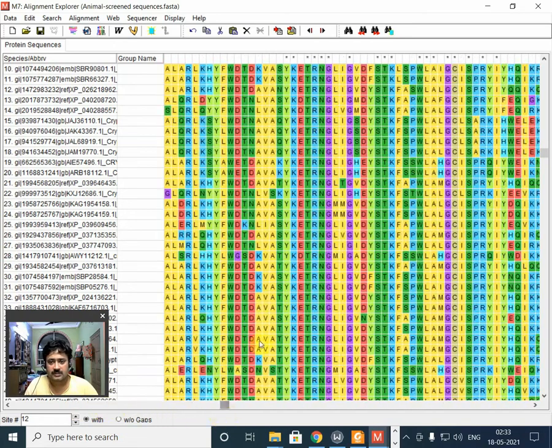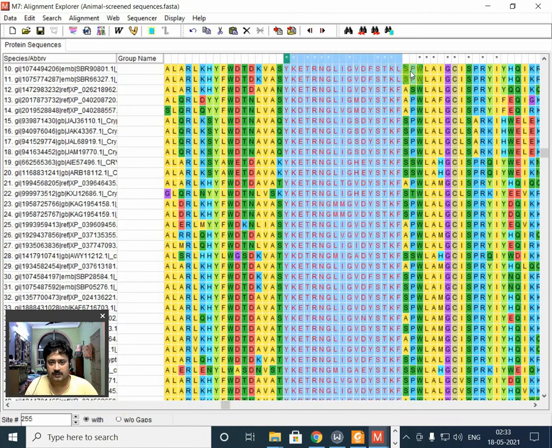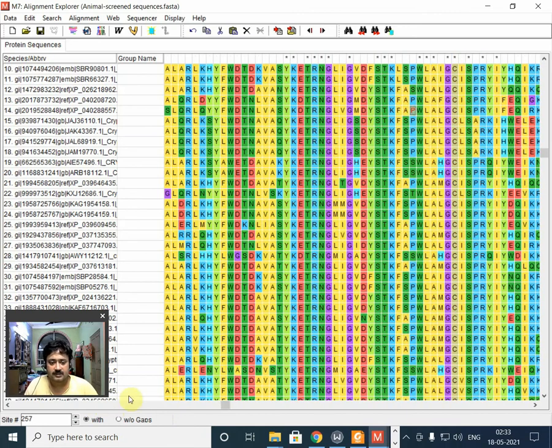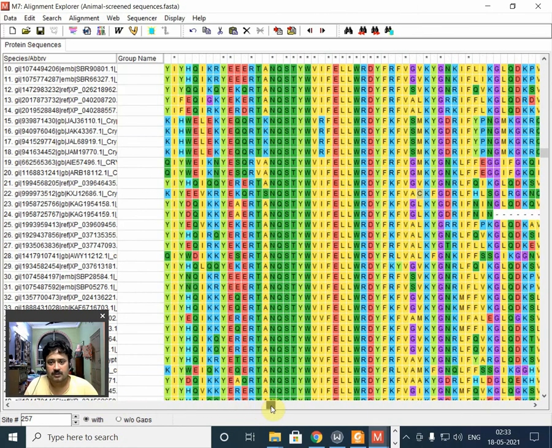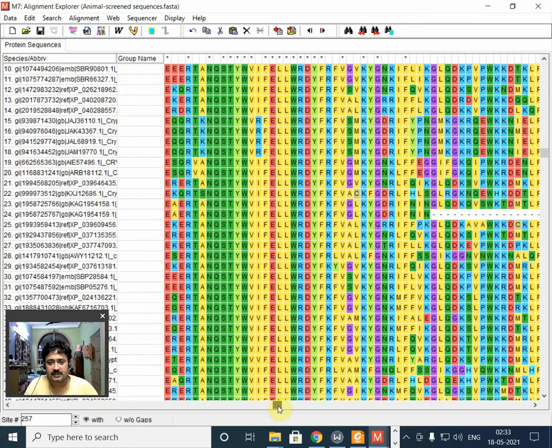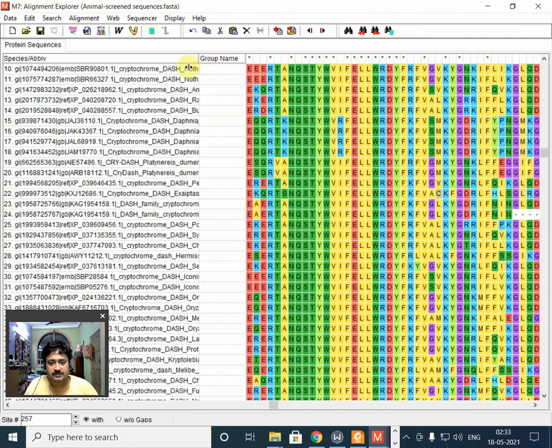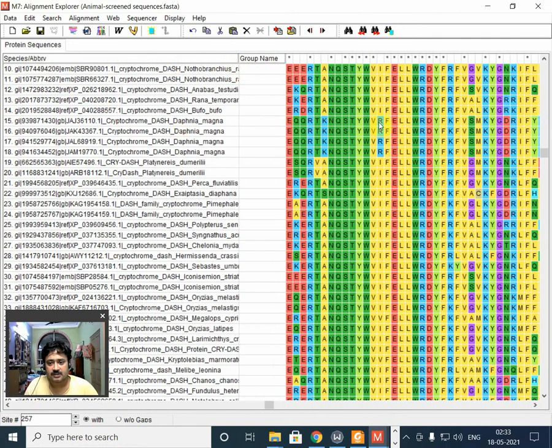As you can see here, the number of stars. Here also you see multiple stars. Here in these 4 species, so probably this will be the same species. Yeah, definitely. Here this R has been incorporated instead of I, this mutation has taken place.